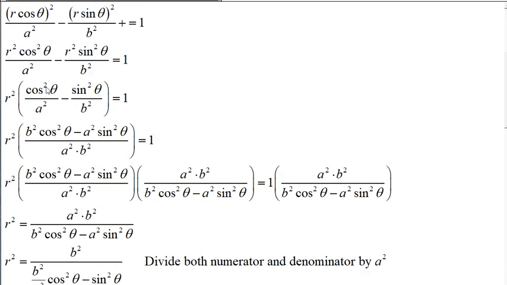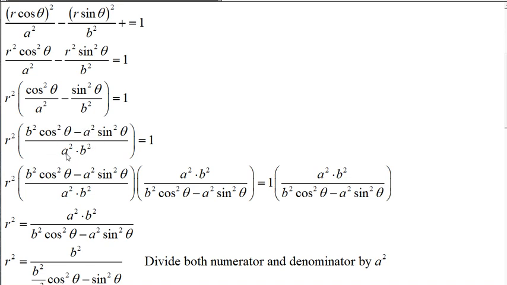Combine these two fractions so we can cross multiply. So it'll be b squared times cosine squared theta minus a squared times sine squared theta, divided by the product of a squared and b squared. And now let's multiply the left side and the right side by the reciprocal of this expression.